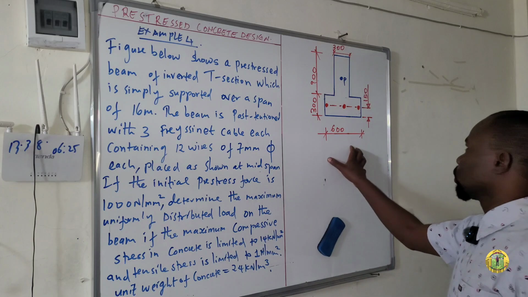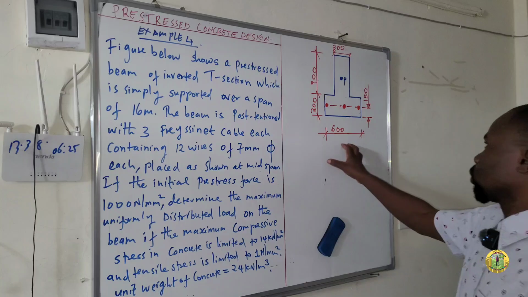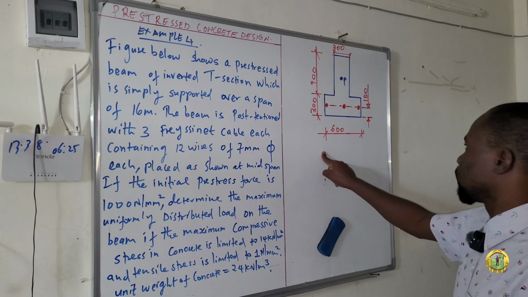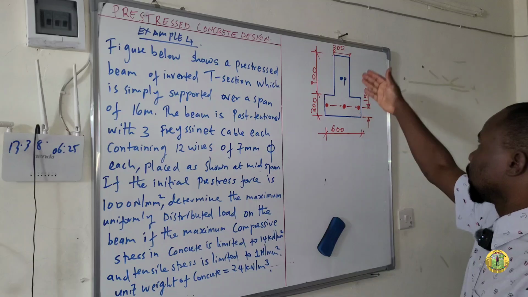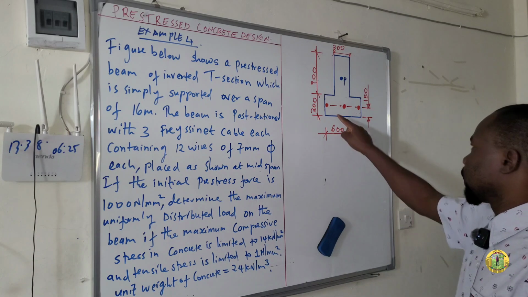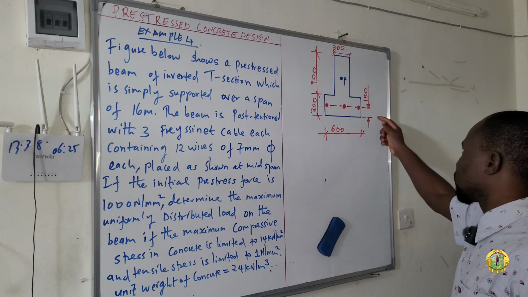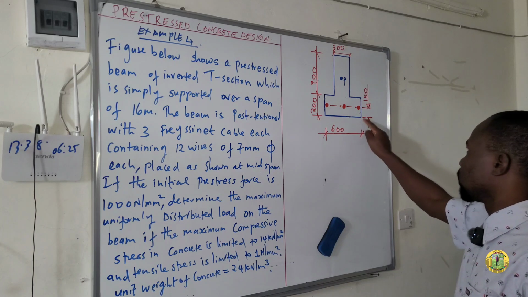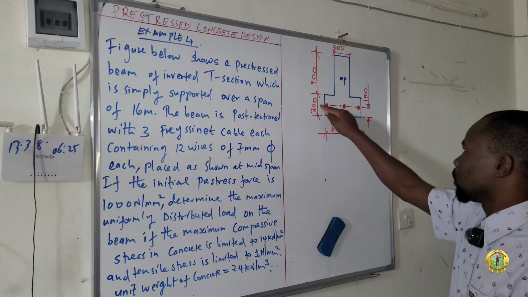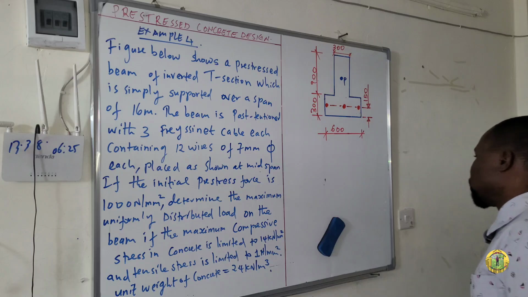So this is the section, the inverted T section. As you can see, the bottom width is 600 millimeter and the top is 300 millimeter. These are the cables 1, 2, 3, placed at 150 millimeter from the bottom, and these dimensions are 300 millimeter and 900 millimeter.